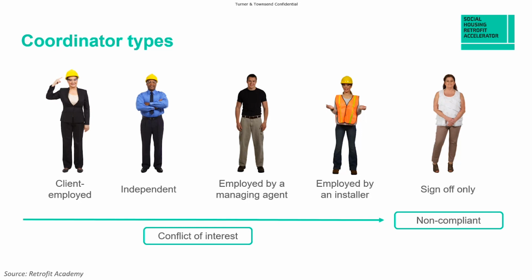They should have your organisation's best interests at heart and want to have the best outcomes for the organisation and the clients you support, your residents. As you move across to the right of the screen, you lose a level of control. Now, that's not to say that that's a bad thing, but it's just to understand how that concept changes as you work with different types of coordinators.